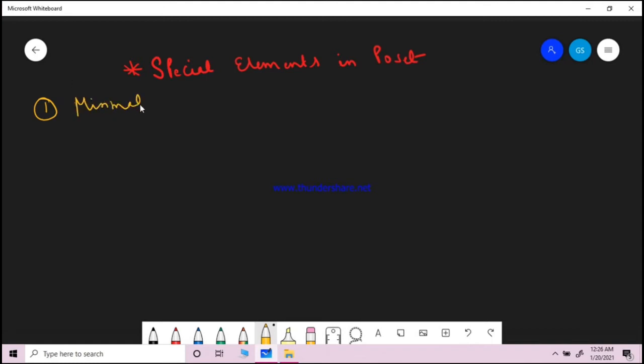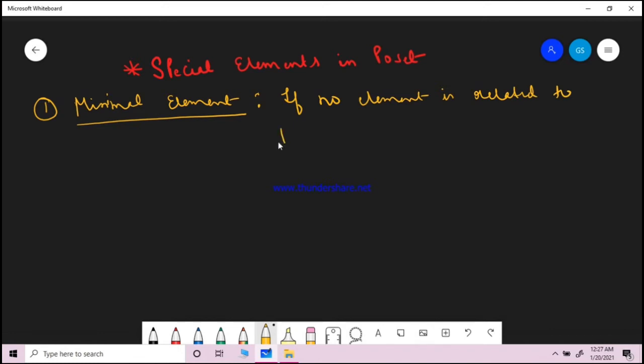What is a minimal element? Any element within the POSET is called a minimal element if no element is related to that element.